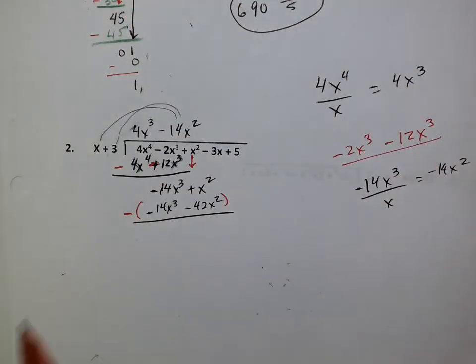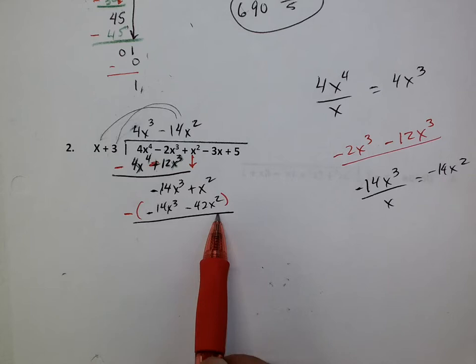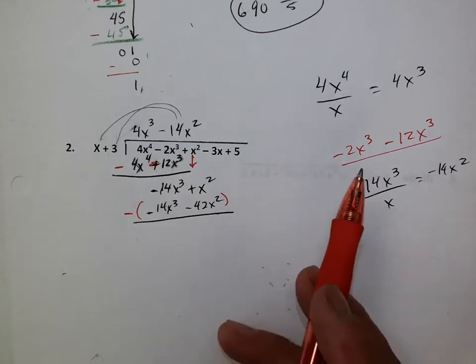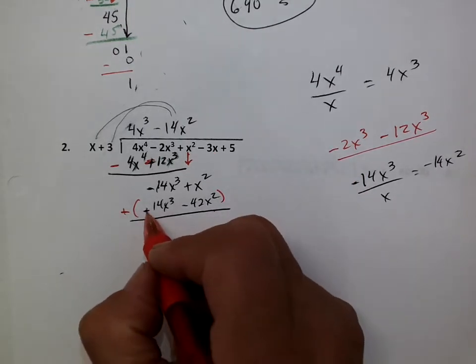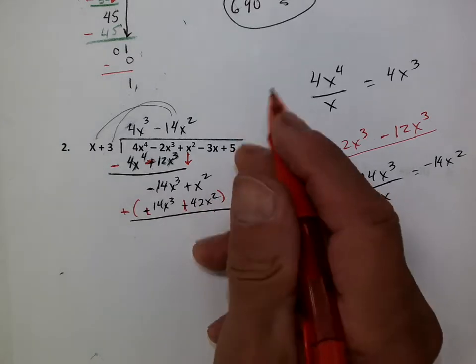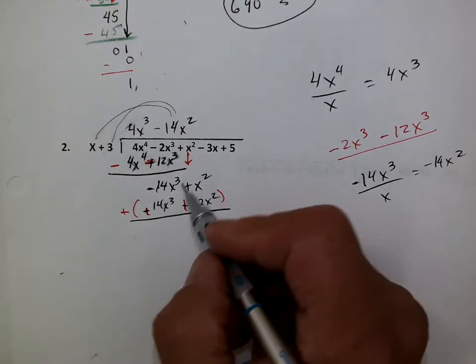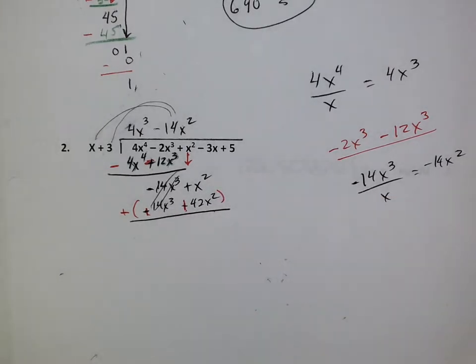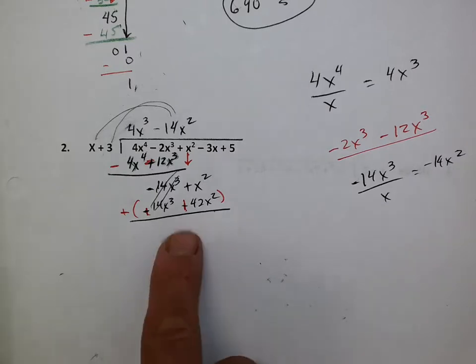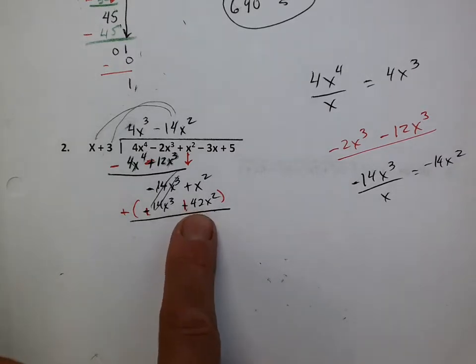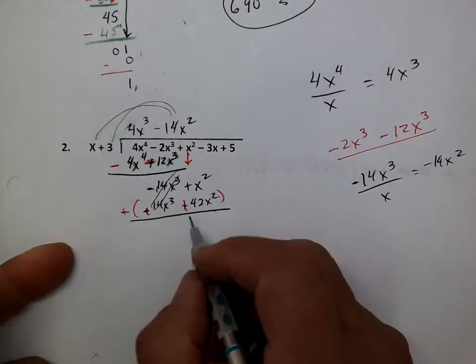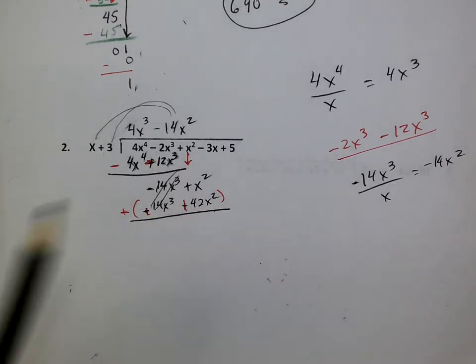Now, Price, when I subtract a negative, what happens? It changes them to plus. So it changes these to plus and plus. You guys agree with that? So now, negative 14x cubed, these two cancel, right? And then I've got an x squared plus a 42x squared makes a positive 43x squared.